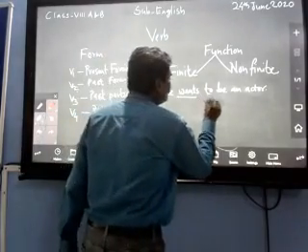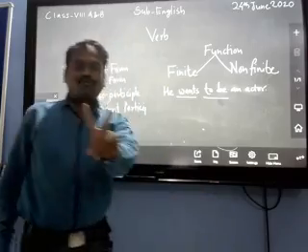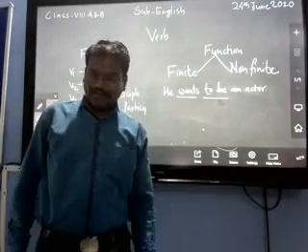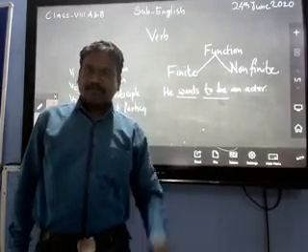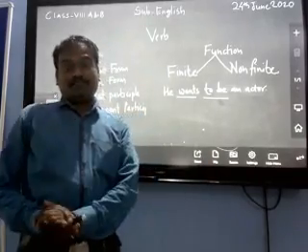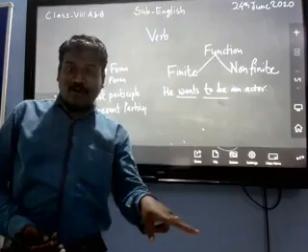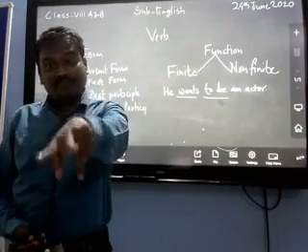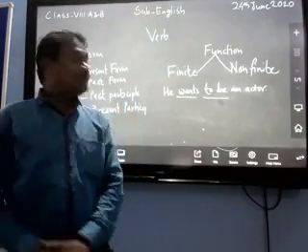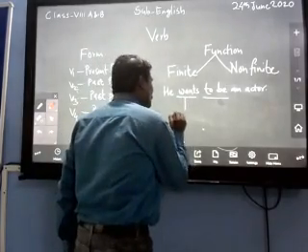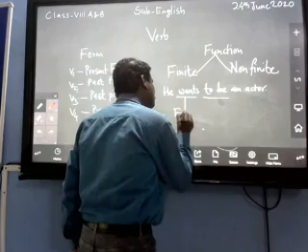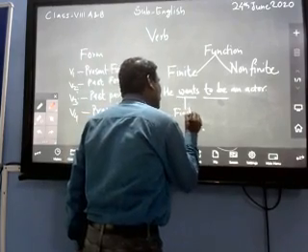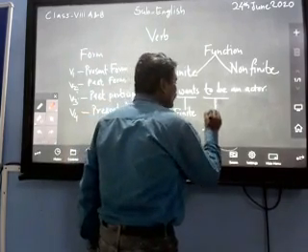Wants and to. These are the two forms of the verbs used in the sentence. At the same time, these two different forms are performing two different functions in the sentence. This is finite verb and this is non-finite.